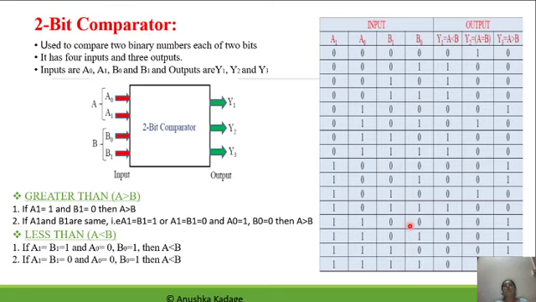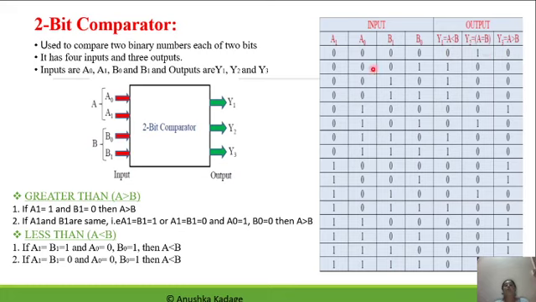Now let's check the output writing for all 16 possible input combinations. Here we find that A0 is equal to B0 and A1 is equal to B1. That means all the bits are equal, and that's why for Y2, which indicates A equal to B, the output will be set to 1 while the other two outputs will be set to 0.